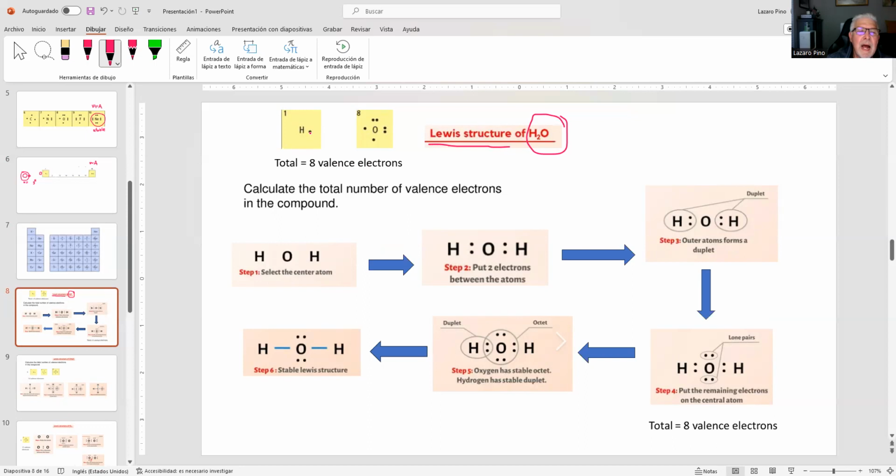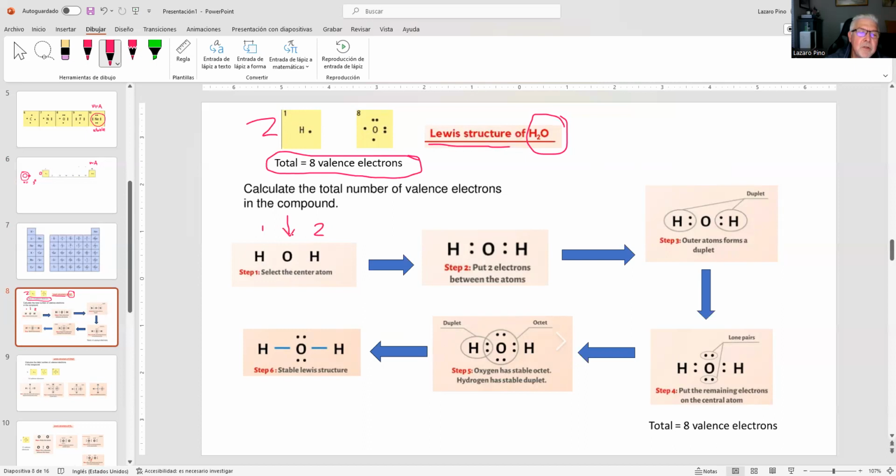I begin, well, hydrogen has only one valence electron, but I have two hydrogens, then I have two electrons. And oxygen has 6. Then we have in all 8 valence electrons. I have to represent these electrons in the water molecule. Well, there are 2 atoms of hydrogen, 1 and 2, and only 1 oxygen.